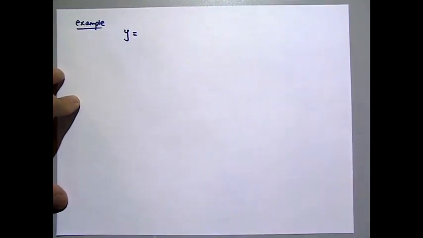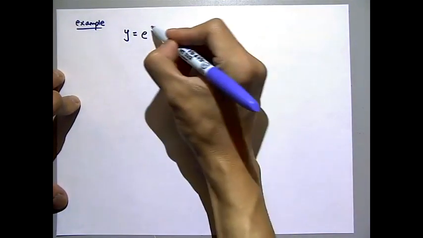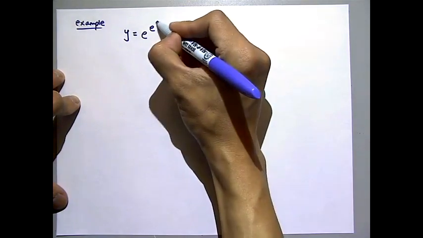Let's add more layers to that. Let's try e to the power of e to the power of e to the x. Let's see what kind of mess we get. Actually, let me give you 2 minutes. Give this a shot. See what you get.